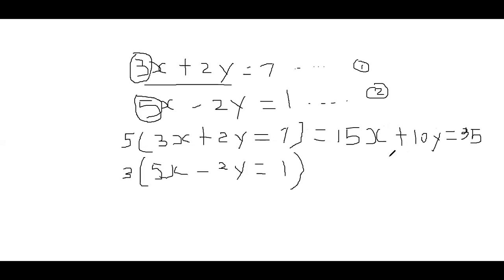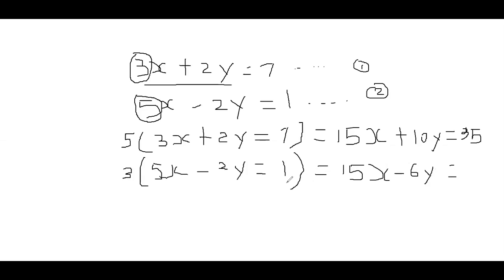Next one, we have 3 times 5 is 15, so it will be 15x. Then 3 times negative 2y gives negative 6y, right?